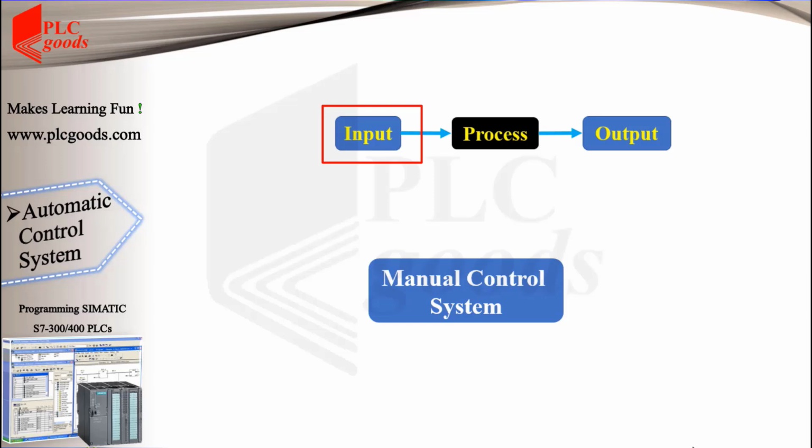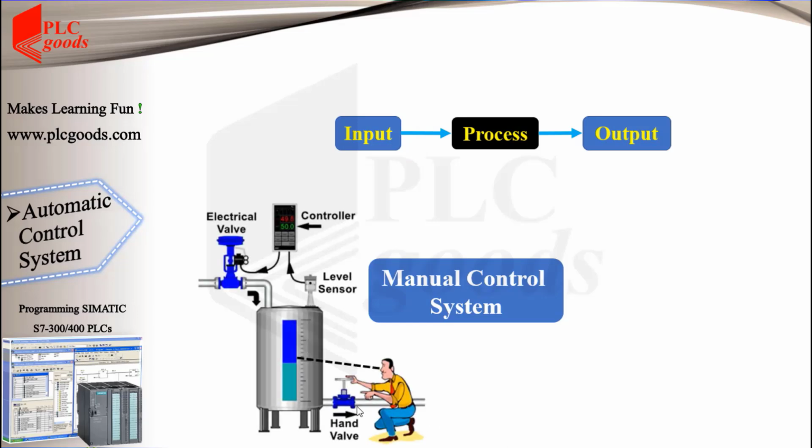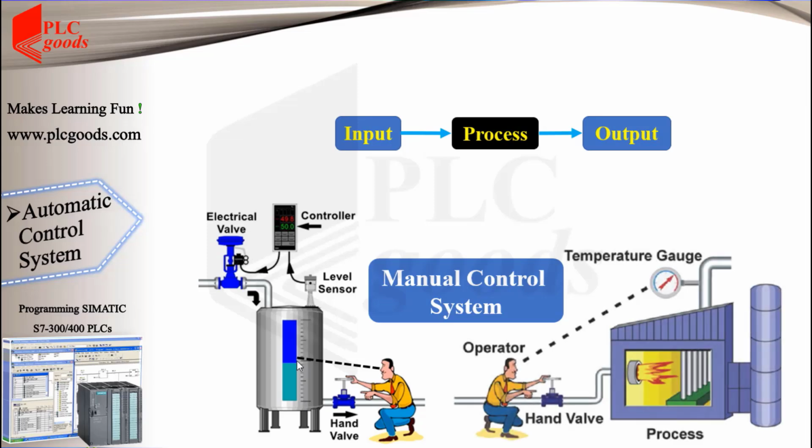As an example, in the bottom image, notice that an operator can control the water level just by observing it from the glass window on the tank, or in the next image, an operator can control the temperature of a furnace by observing the temperature gauge to determine whether to increase or decrease the flow of fuel into the furnace. Notice that although designing manual controllers is simple, we have to deal with some problems in using them.